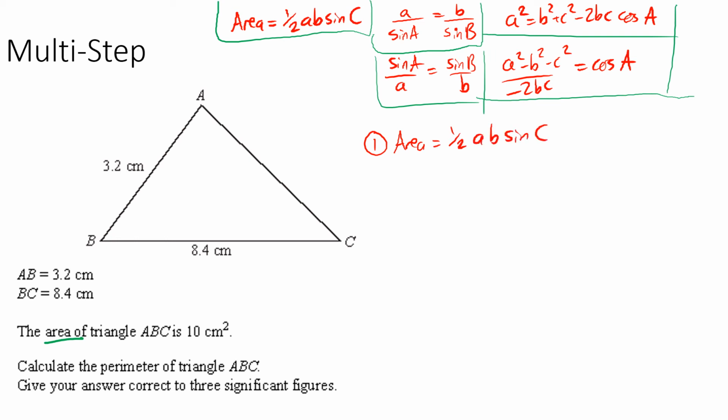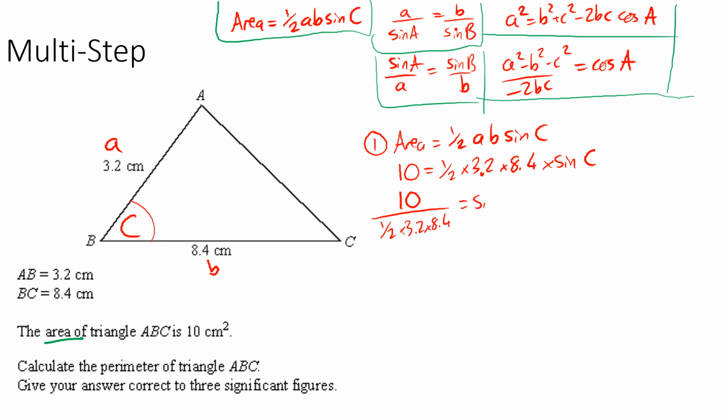We want to label this up, so C is always the angle that we're after, and a and b are the two sides in between it. So this is going to be our a and our b, and then this is going to have to be our angle C that we find. So let's plug in what we know. We know the area is 10, so it's equal to a half times 3.2 times 8.4 times sin C. And we can obviously divide 10 by that half times 3.2 times 8.4 to just get sin C on its own.